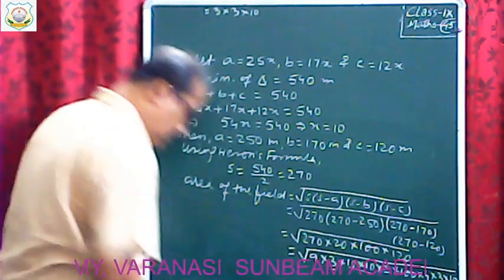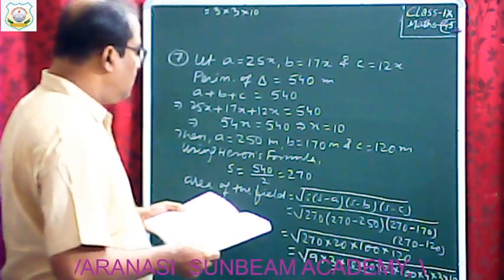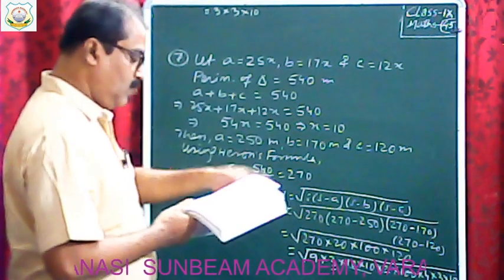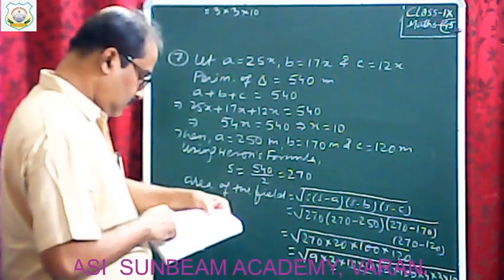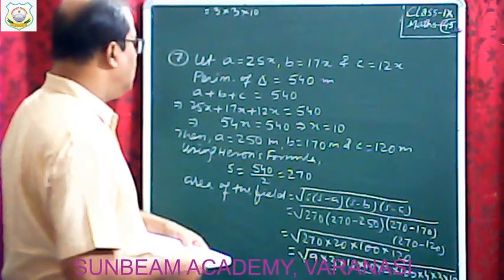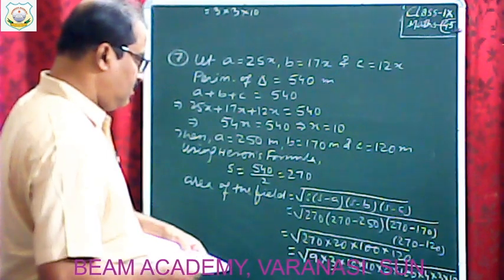What we get? Calculation you have to do yourself. 25, 17, 12. Okay. 54 to 10. 250, 170, 120. 250, 120.